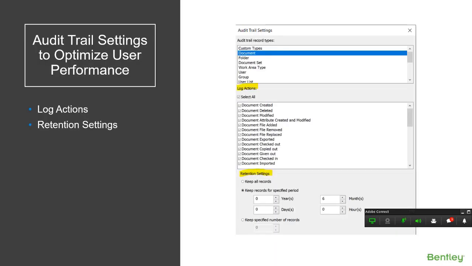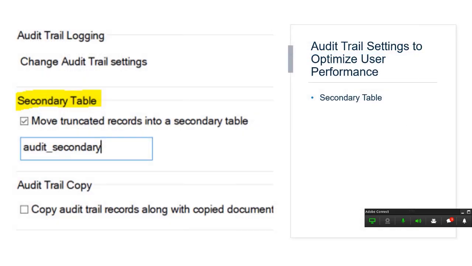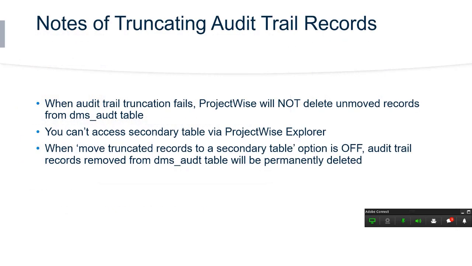So that's the next slide, what it basically says. If you do specify the secondary table, ProjectWise, the system, is going to move all these records automatically for you. Before you do anything about audit trail records, there are just a few basics I really hope you keep in mind as a takeaway.